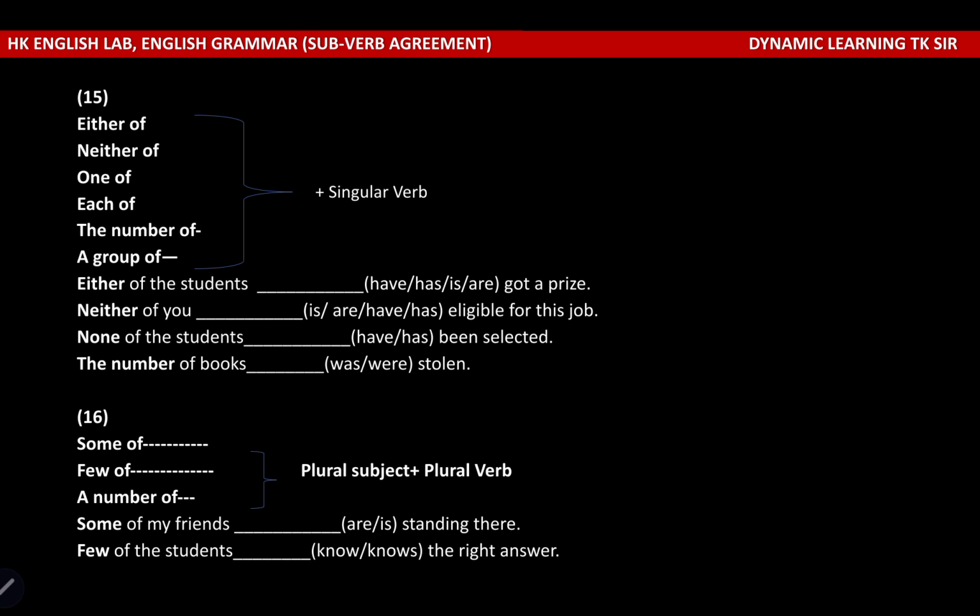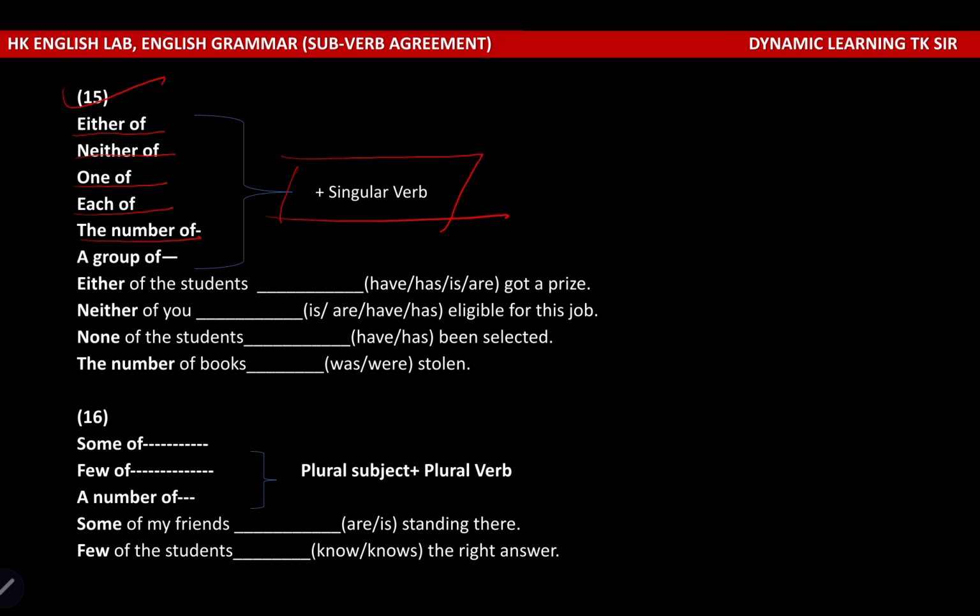Next we'll discuss 15. Either of, neither of, one of, each of, the number of. You will get such distributive pronouns, and here you will take a singular verb. For example, either of the students.